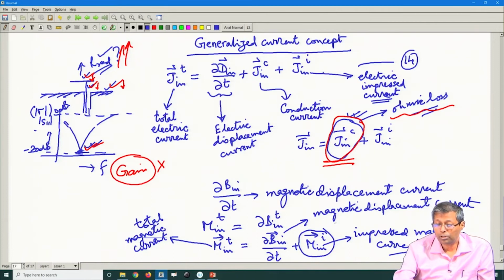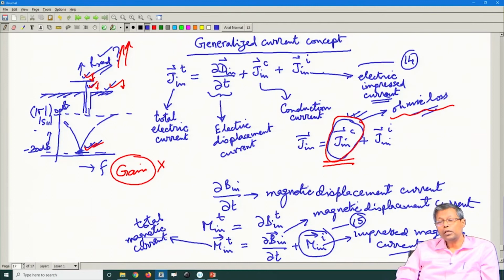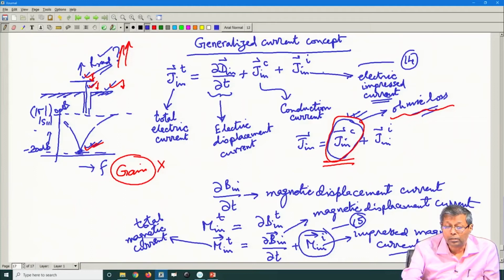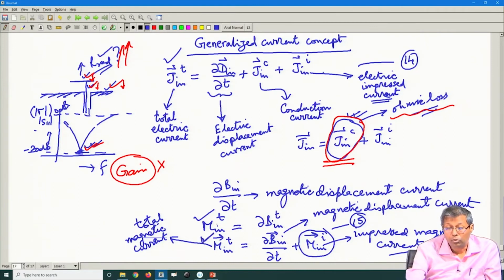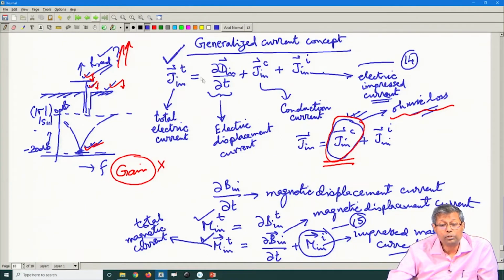We call this equation number 15, and therefore, using equations 14 and 15, we can write Maxwell's equations using these generalized currents M in total and J in total. What will be those forms of Maxwell's equations?